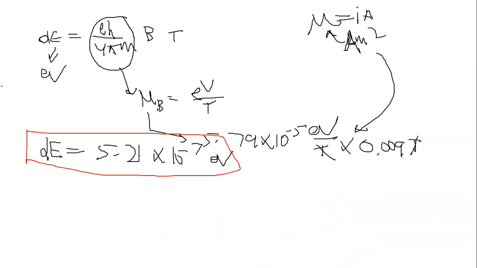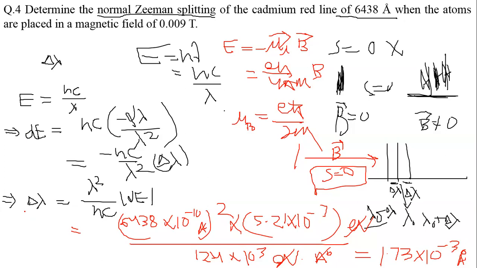So due to this value, we got the splitting in energy as 5.21 into 10 to the power minus 7 electron volt, and by putting this value in the equation of delta lambda, we got the splitting as 1.17 into 10 to the power minus 3 Angstrom. So in the presence of an external magnetic field, a single line gets split into three lines, and the separation between these lines is 1.17 into 10 to the power minus 3 Angstrom, which is called the normal Zeeman effect or normal Zeeman splitting.